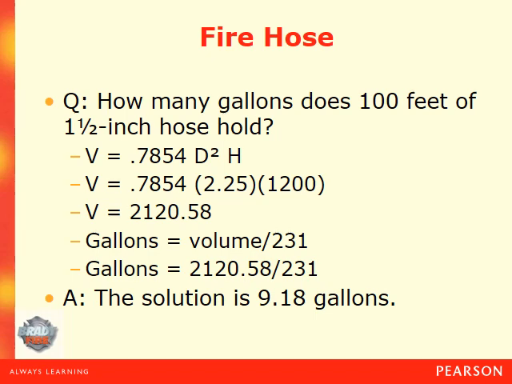And then our constant, 0.7854. We multiply all those together, and our volume is 2,120.58. So now we want to get the gallons. To get the gallons, you divide that by 231. So the solution is 9.18 gallons.